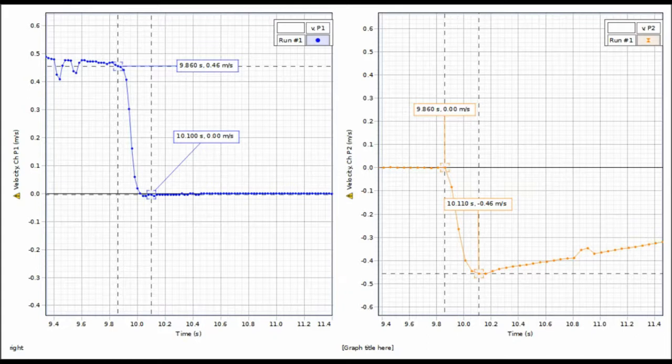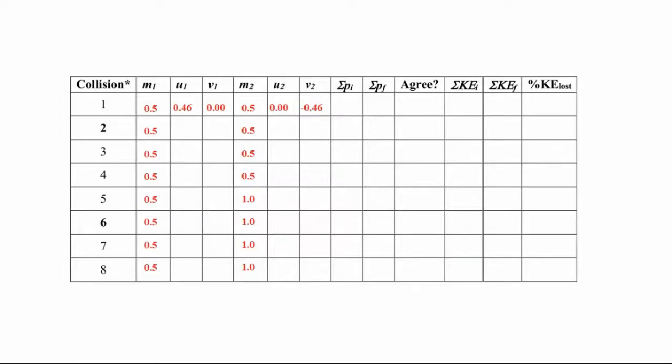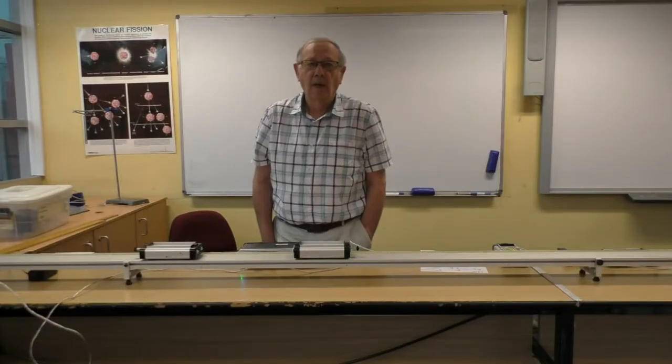Over here, the initial velocity was 0, and it became a negative velocity because the sensor is at the far end, and what it means is that the trolley is traveling towards the sensor. So anything on the right side of this screen where it's negative, we have to change it to positive, and positive to negative. So you can record those values into the table as indicated here on the screen.